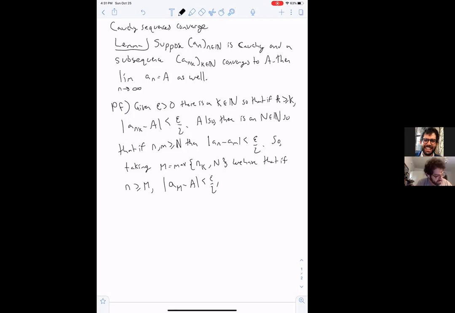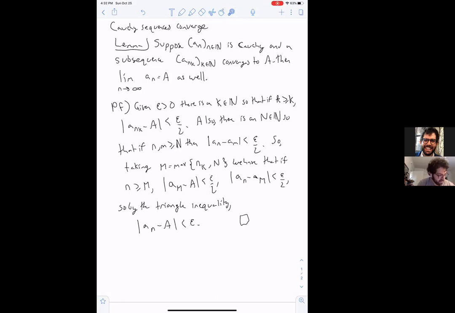Then we also have that the absolute value of a sub n minus a sub m is less than epsilon over 2. And that's using Cauchiness over here. So by the triangle inequality, we have that the absolute value of a sub n minus A is less than epsilon.